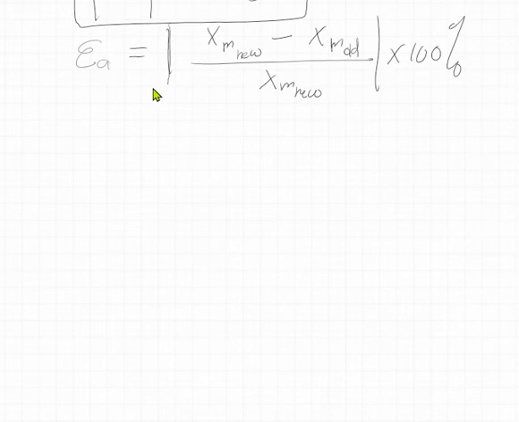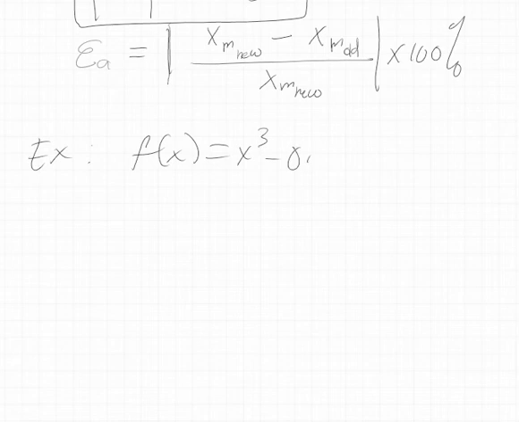Let's use our previous example. F of x equals x cubed minus 0.3. So we already know the actual value of this one, the true value. So it's much easier for us to solve this one as our example.